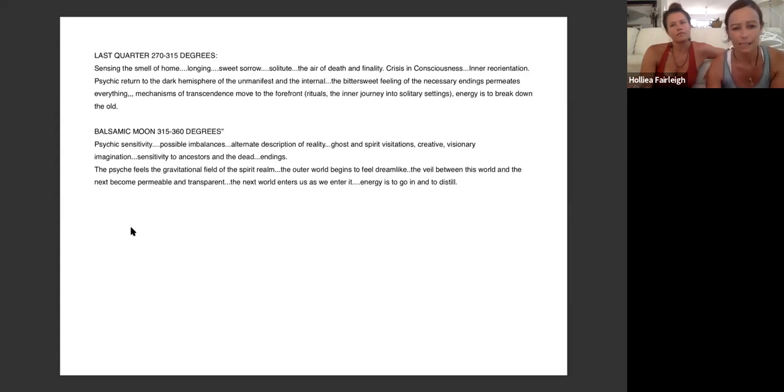So for people on a balsamic moon phase, meditation becomes really something that gives them a lot of freedom and a lot of wisdom. It says ghost and visits and spirit visitations, sensitivity to ancestors and the dead, and it's just about endings. So anything that's an ending before a new cycle is about to emerge.